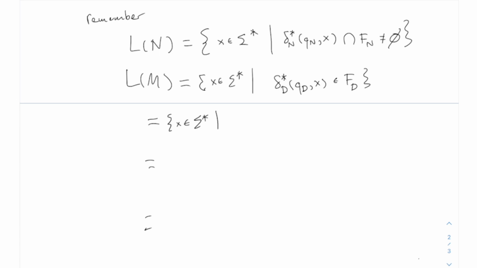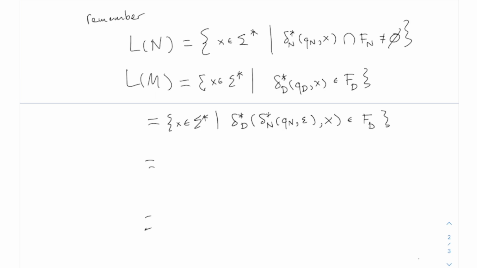This is equal to, I'm going to write it down first and then see if we can make sense of it. Oh no, sorry, this is not the weird step yet. I'm going to close the door.